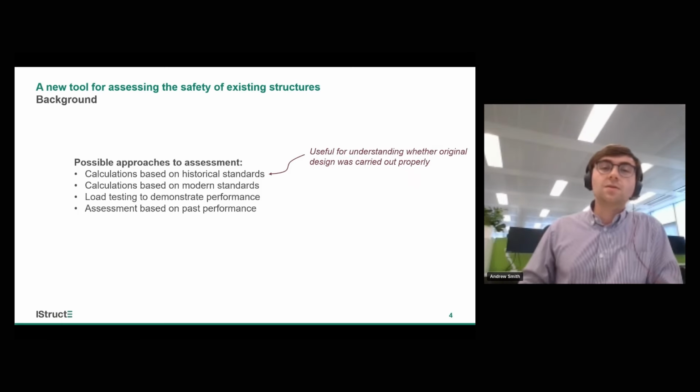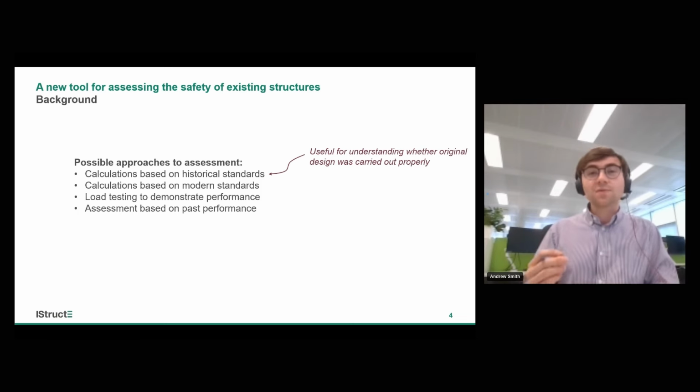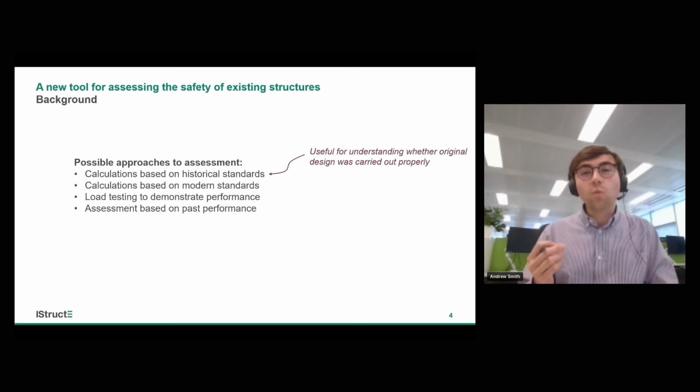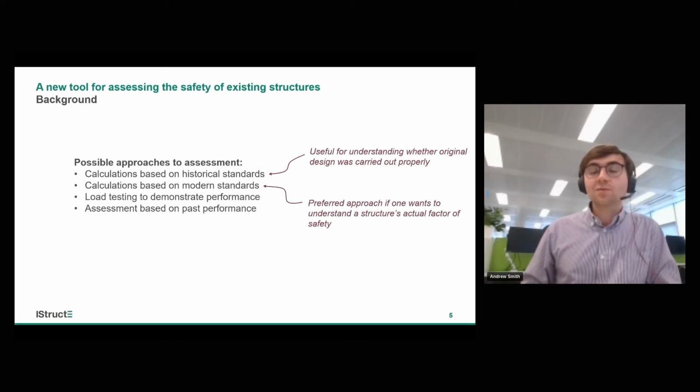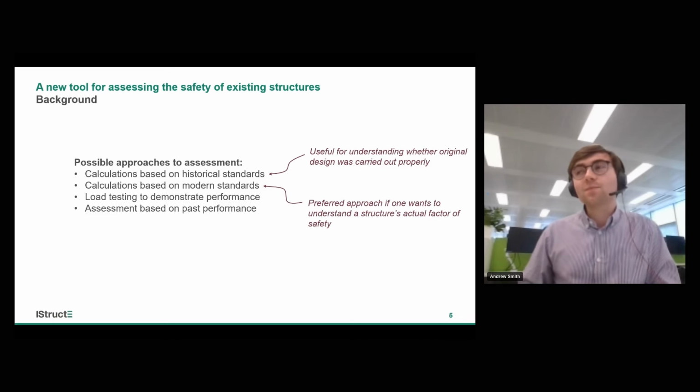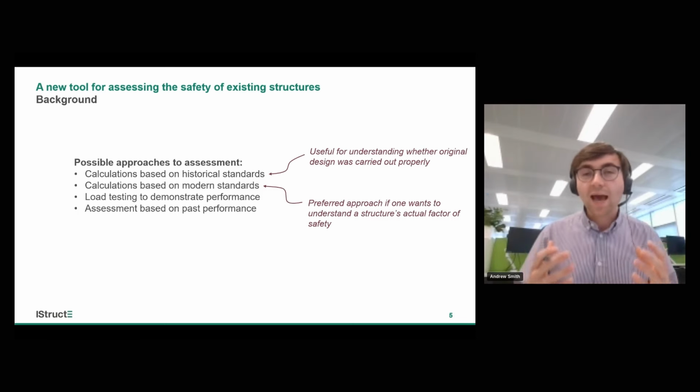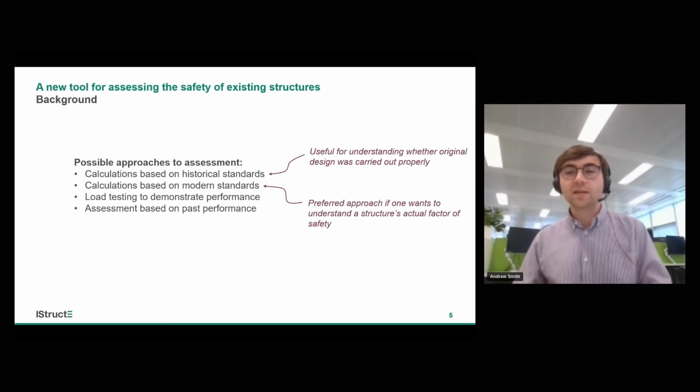Now, the first one of those, calculations based on historical standards, that's really useful for understanding whether the original design was carried out properly. Now, the second one is perhaps the preferred approach if you really want to understand a structure's actual factor of safety.